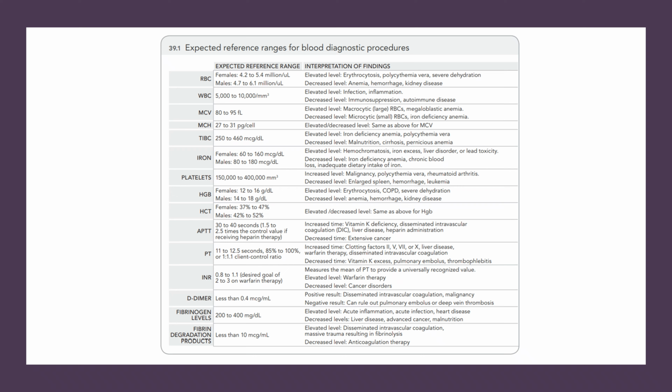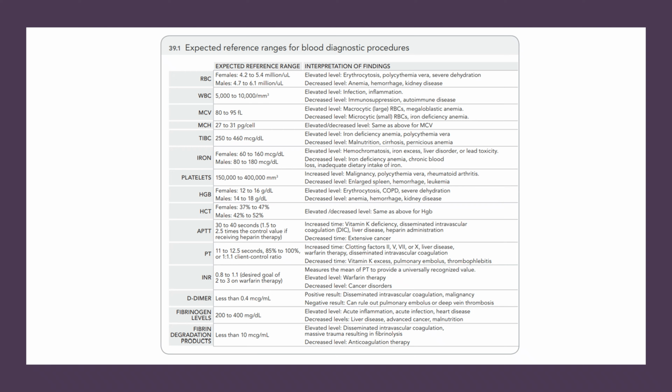Why is it important? Low hematocrit often goes hand in hand with low hemoglobin and can point to anemia or blood loss. In surgery, you lose blood. High hematocrit can be seen in dehydration.